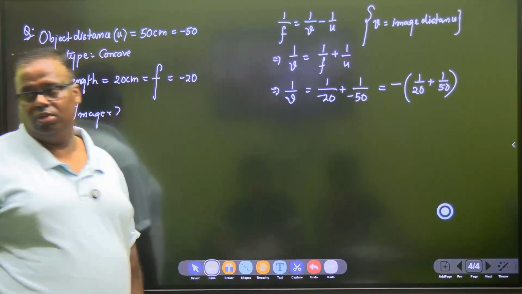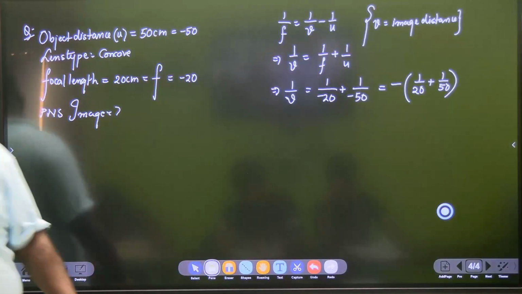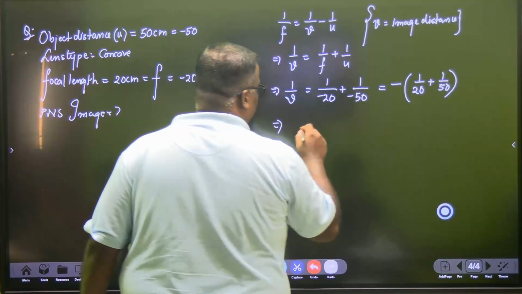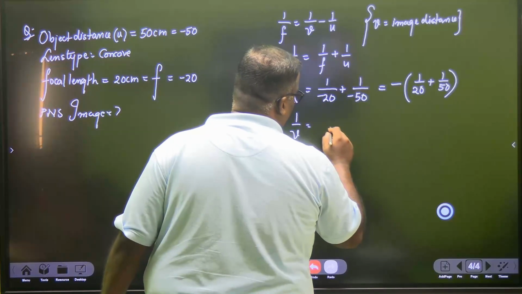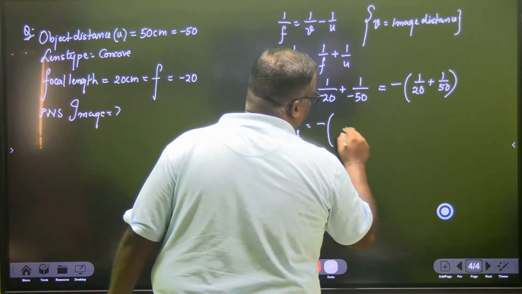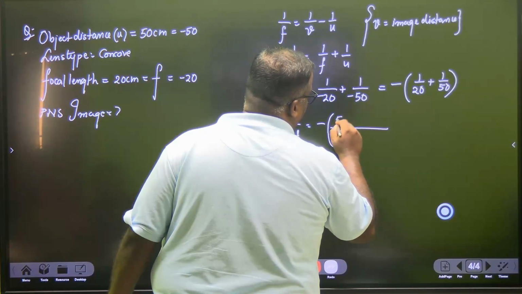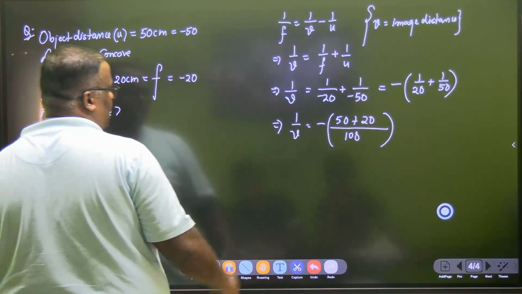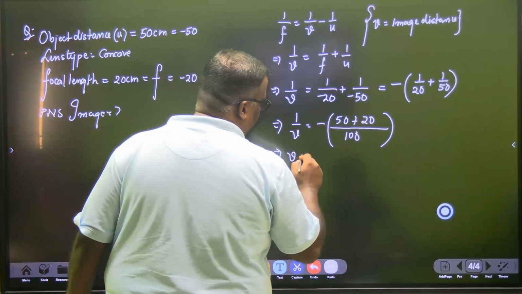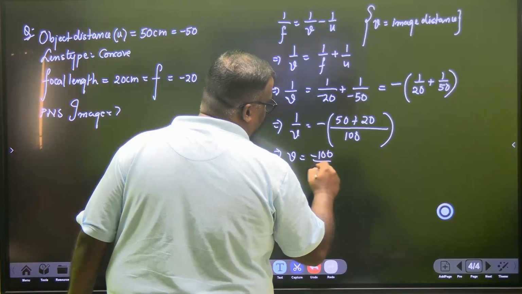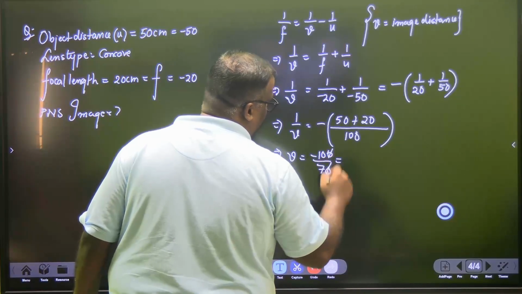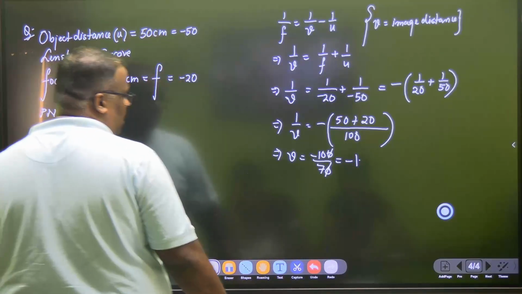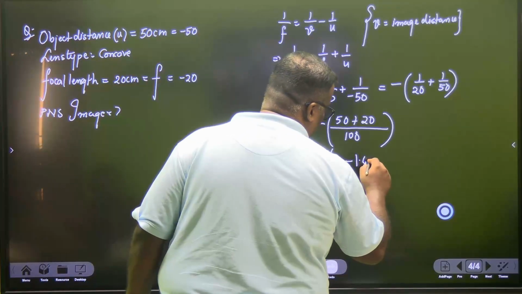The LCM of 20 and 50 becomes 100. So 1 upon V becomes negative, 50 plus 20, which is 70 by 100. So V becomes negative 100 by 70.